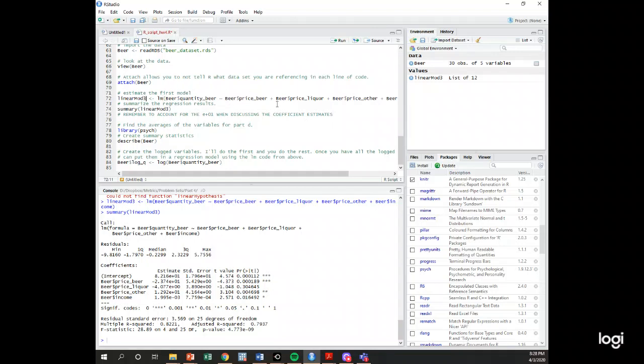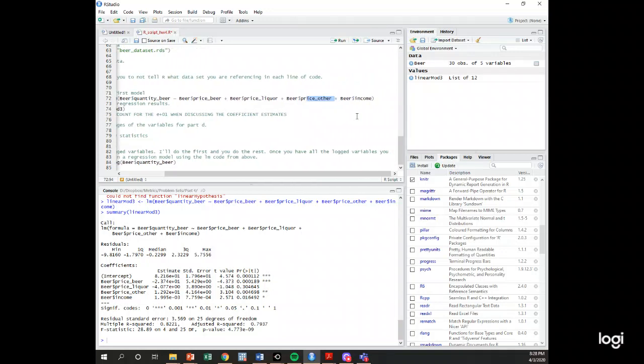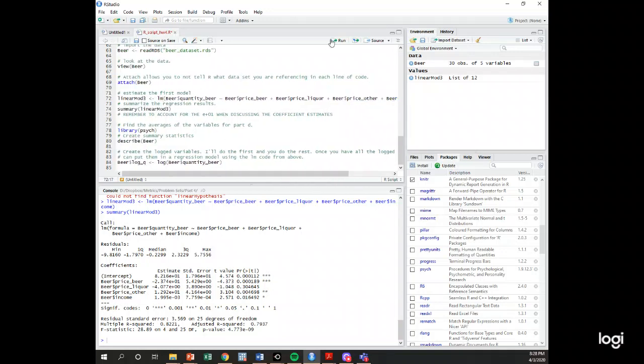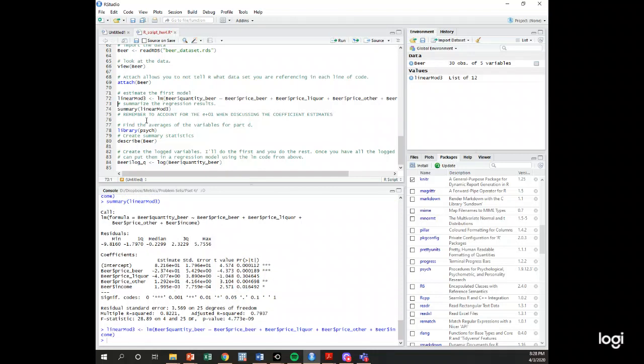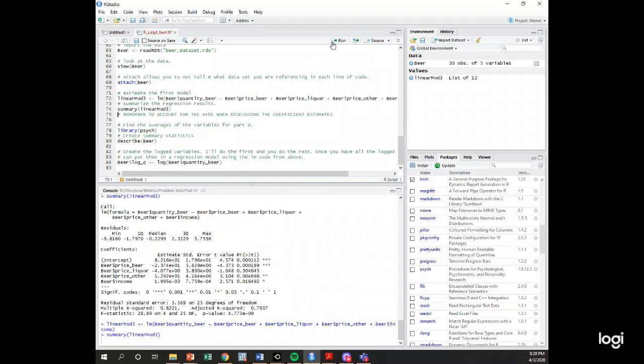I'm going to estimate the large model here with all the variables in it. We have the quantity of beer regressed on the price of beer, the price of liquor, the price of the other, and income. So that's linear mod 3. I'm going to run that. Then I'm going to summarize linear mod 3. What do I get?